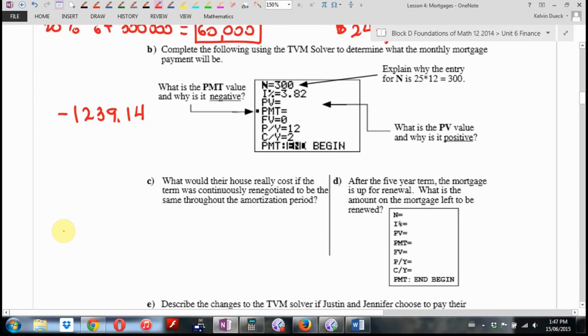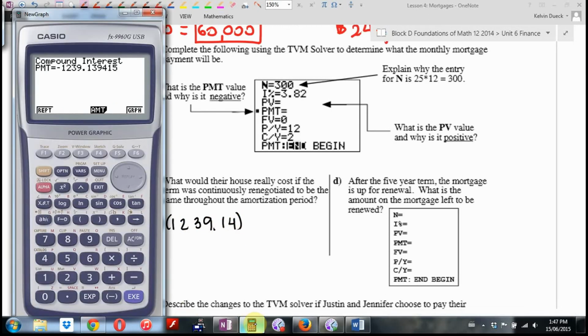So, if this continues for the whole 25 years, what are they paying for the house? Well, they're putting down originally $60,000. And then there's going to be 300 payments of how much? $1,239.14.